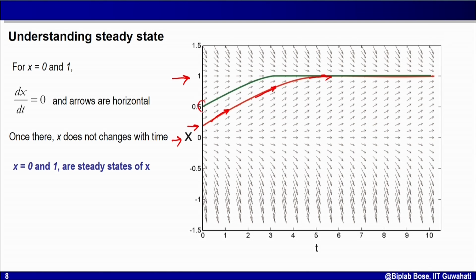Similarly, when I start at 0.5, I follow this green line and eventually reach x equal to 1, where dx dt becomes 0. So I have two values of x where dx dt equal to 0 and the arrows are horizontal. These two values are called steady state of x.